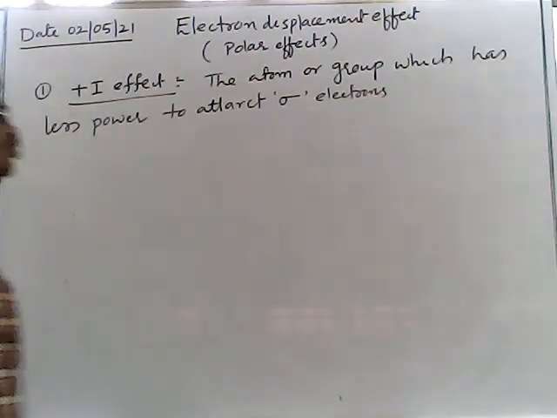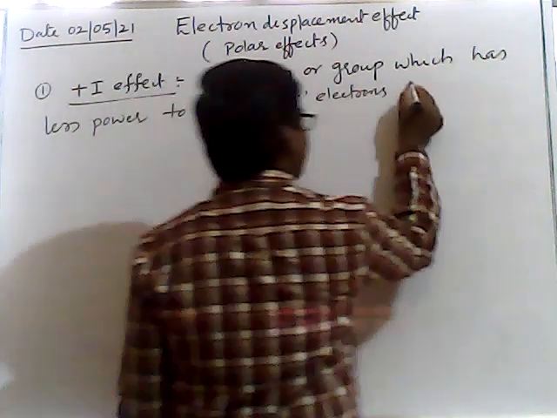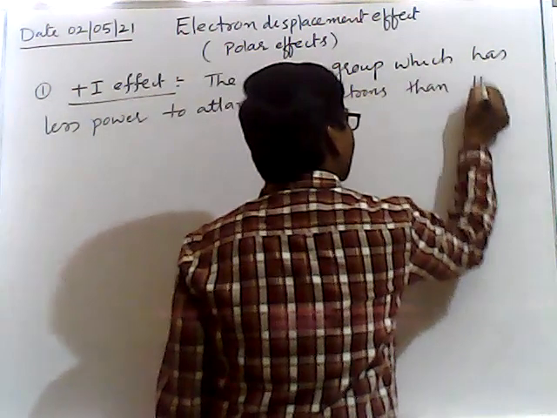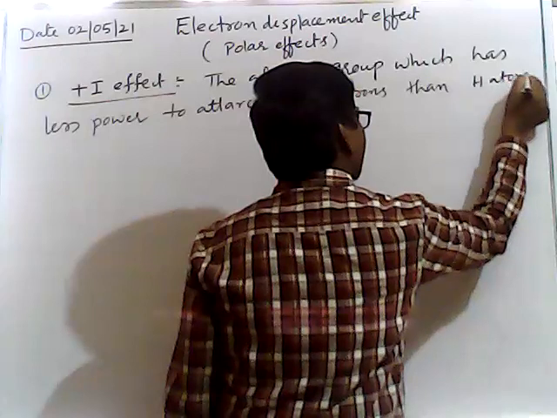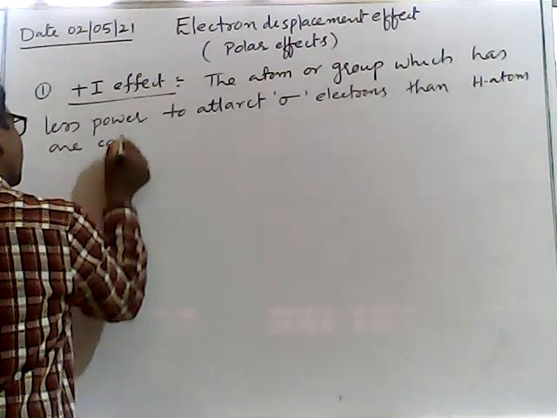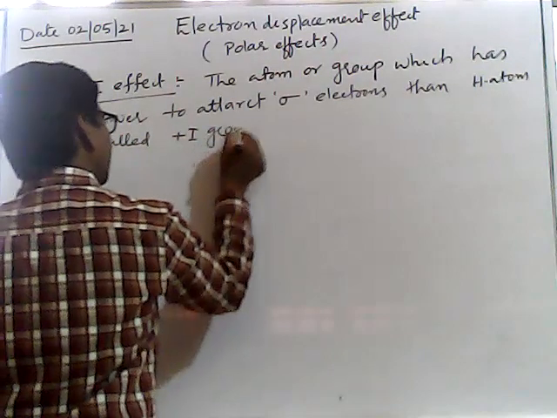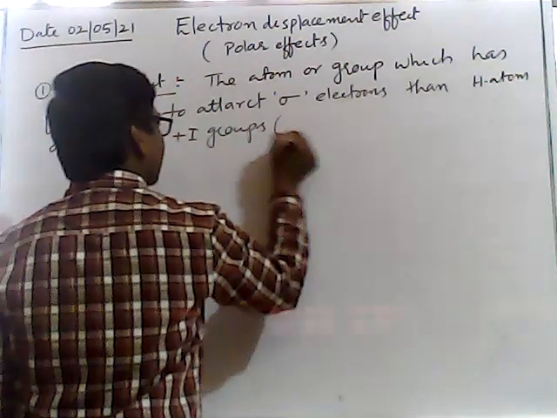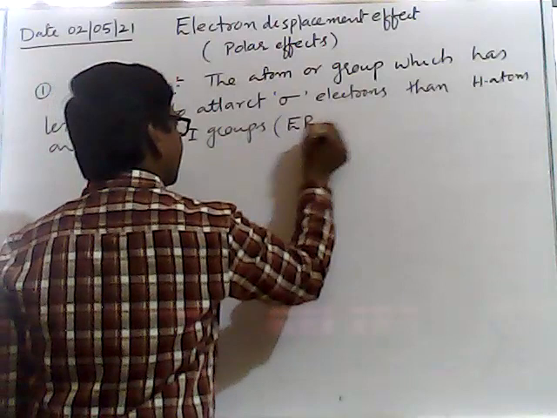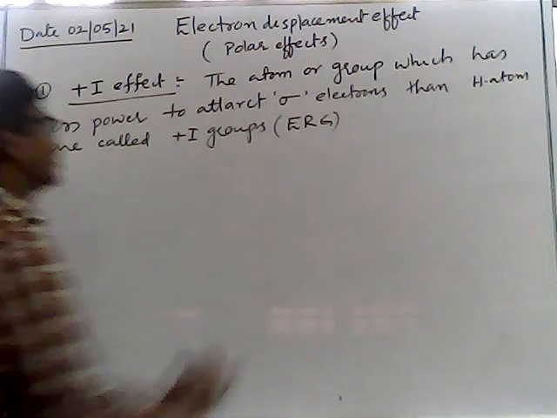The atom or group which has less power to attract sigma electrons than hydrogen atom is called a plus I group. Otherwise, electron releasing groups.